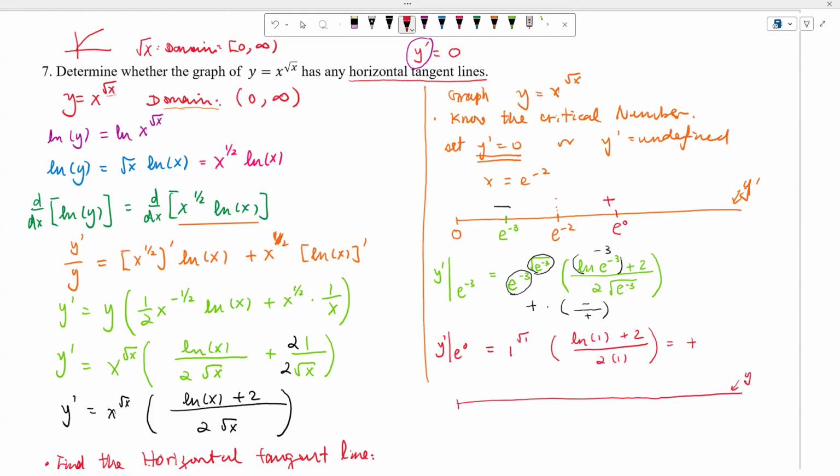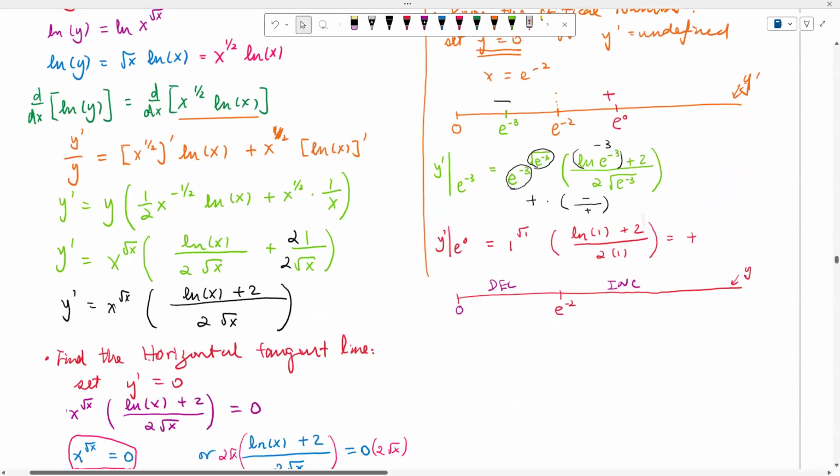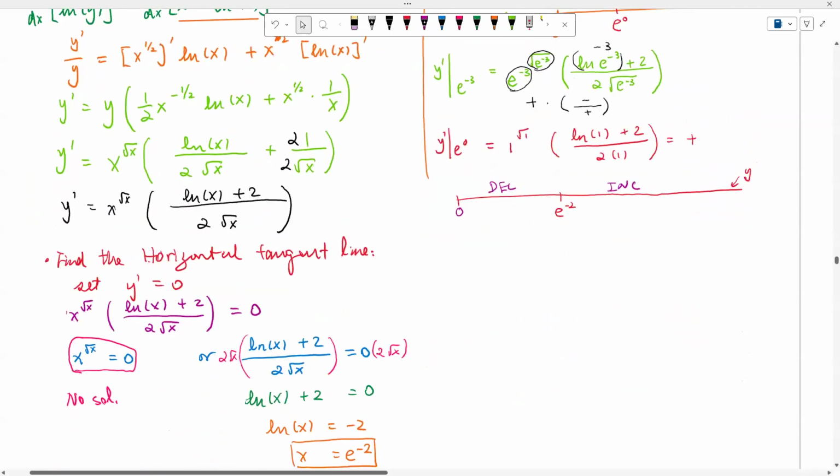Based on the y prime, we know that the function is decreasing from 0 to e to the negative 2, and then increasing from e to the negative 2 to infinity. Now we should be able to sketch the function. This is x, this is y, this is 0 here.